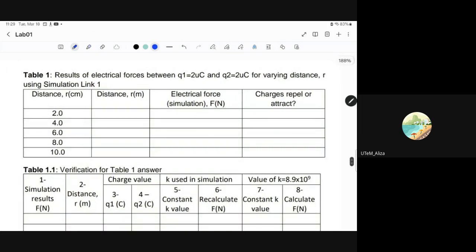For this table 1, the instruction requests you to use the Q1, Q2 values as shown there, and the distance varies from 2 centimeters to 10 centimeters. Let's do the first distance.